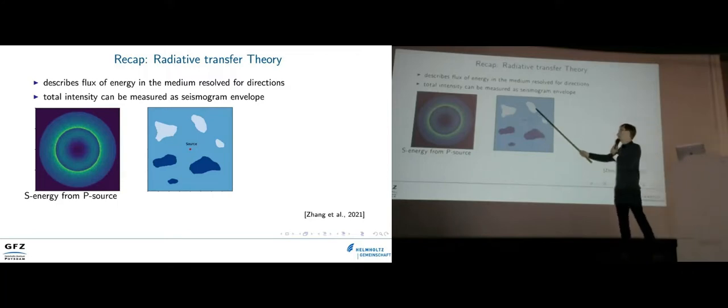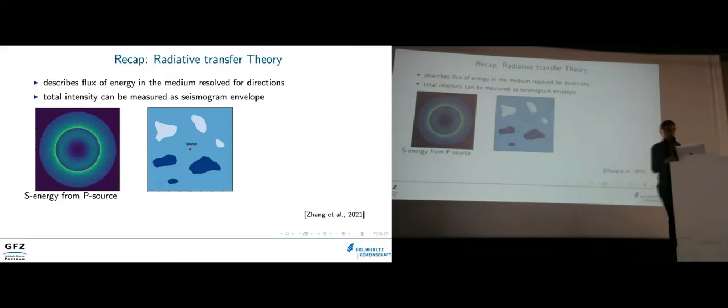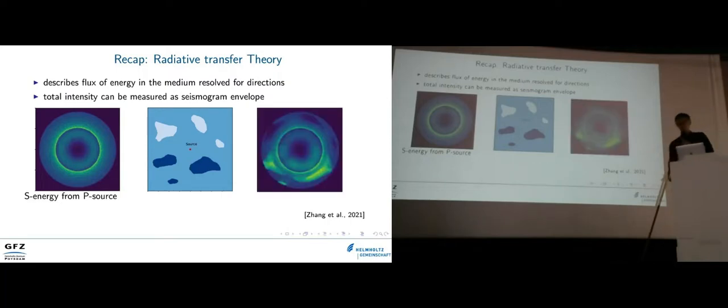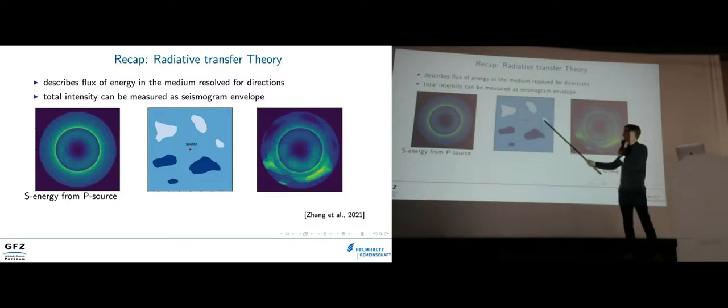And here we have more homogeneous materials that only have 2% of heterogeneity. And then the energy density looks like this. In these areas of strong scattering, we have an accumulation of scattered energy at that moment in time, because we still have a P source, and the S energy here is generated more efficiently than here or even here. That's why we have an accumulation of energy here.